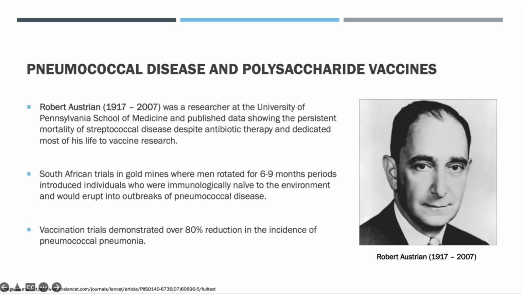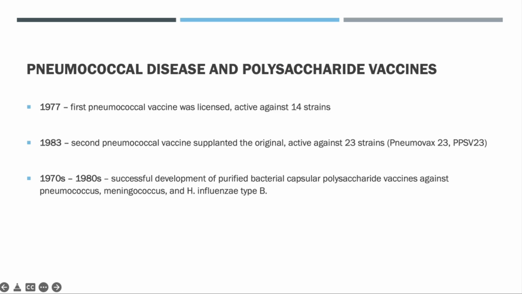Of course, these individuals were immunologically naive to that environment, and there would be very large outbreaks among groups when they were exposed. His trials using pneumococcal vaccination in that group showed over 80% reduction in the incidence of pneumococcal pneumonia. So some extremely successful results.